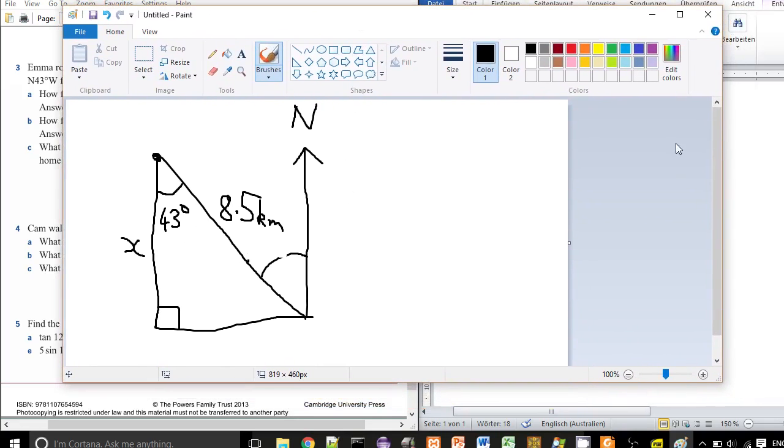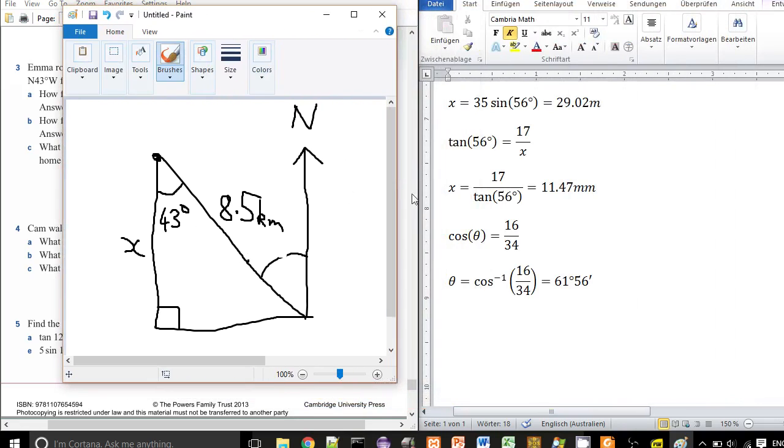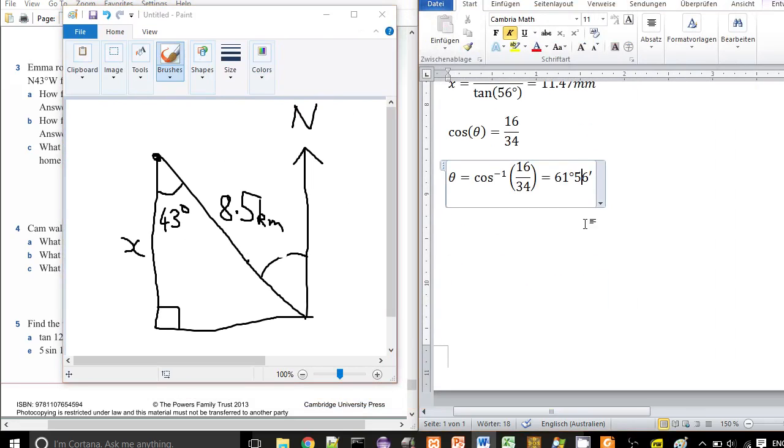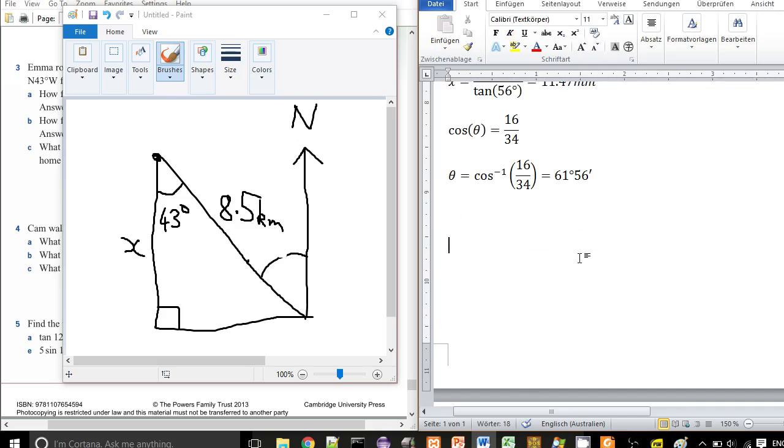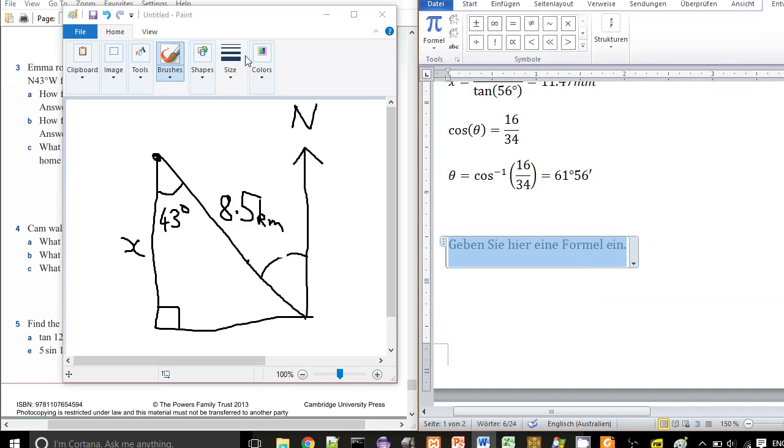Alright, so now we can actually do it the same as we do any other trig problem. We need to find the adjacent and hypotenuse, so cos. So cos 43 degrees is x over 8.5.